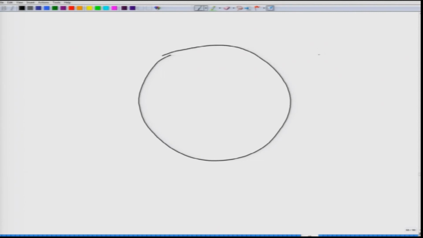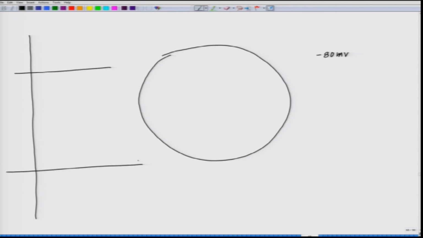So, here is the cell sitting at minus 80 millivolt. Okay. This is the 0, this is the 0. So, this is telling you millivolt and this is giving you the time in millisecond.